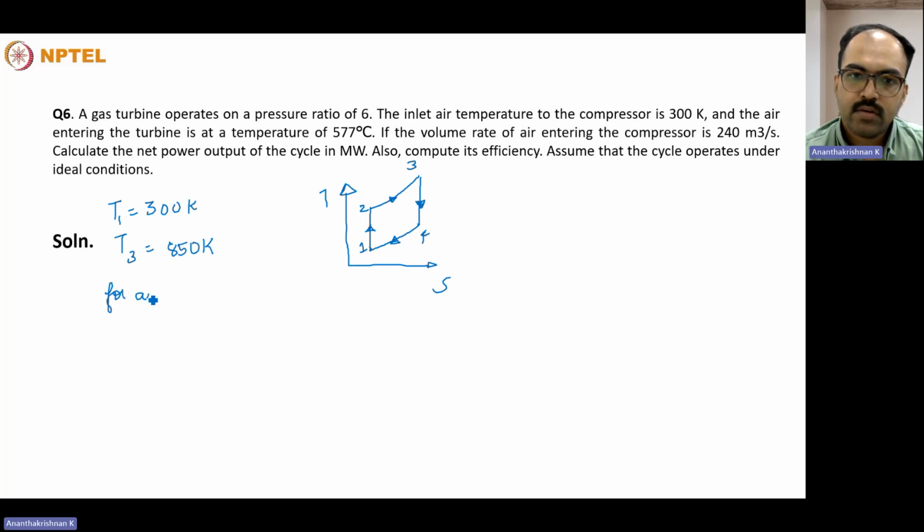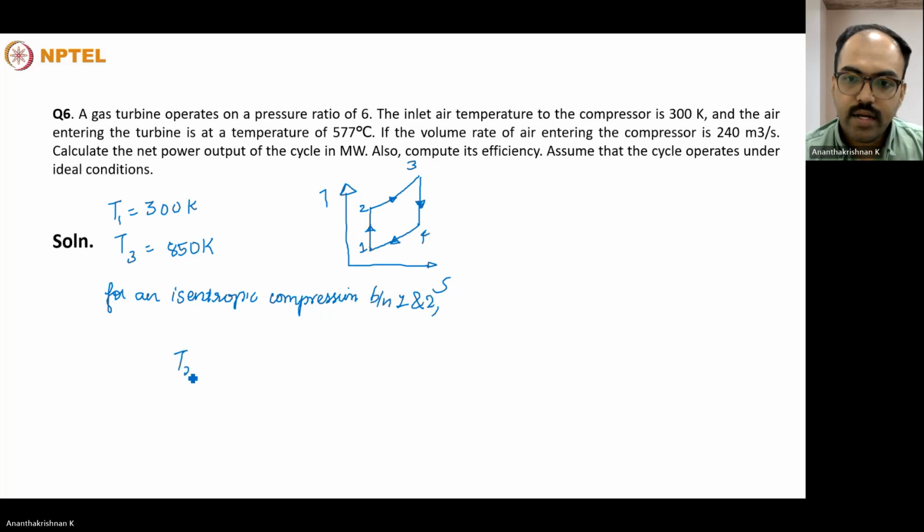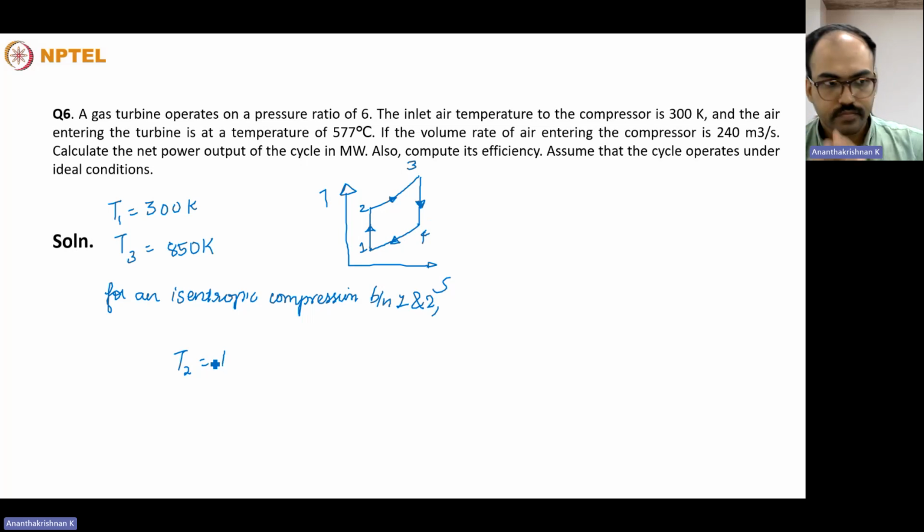For an isentropic compression between 1 and 2, to find T2, we can use the standard reversible adiabatic isentropic equations. T P raised to (gamma minus 1) over gamma is a constant, which can be written in terms of the pressure ratio.